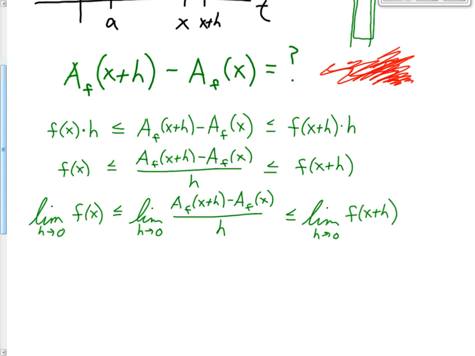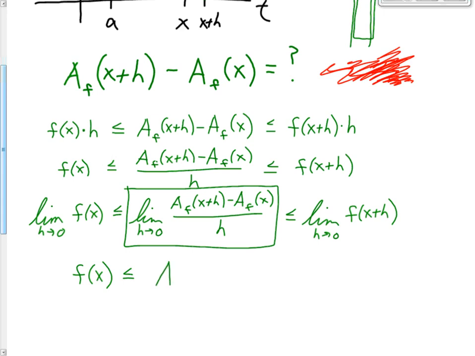Well, f of x is unaffected by h going to 0, so that's still going to be f of x. What's the limit as h approaches 0 of that quotient? Wait a minute, that should look familiar. That looks like a difference quotient, doesn't it? This is actually the definition of a derivative. That represents the derivative of the function A. And then on the other side here to the right, the limit as h approaches 0 of f of x plus h, well, that's going to be f of x.